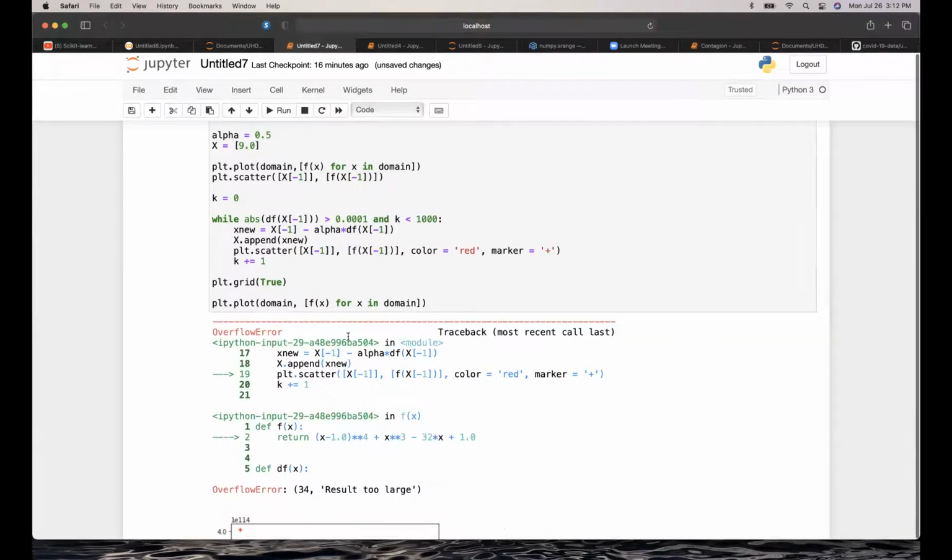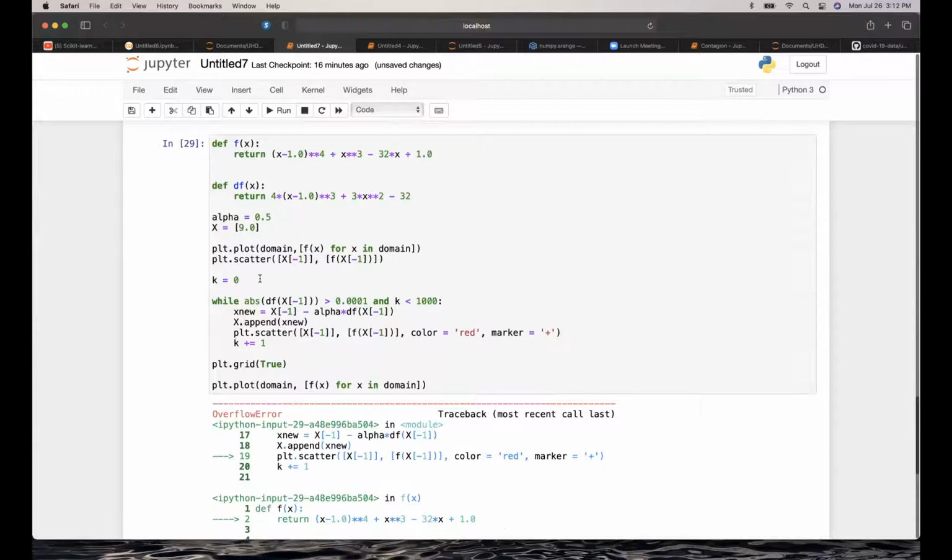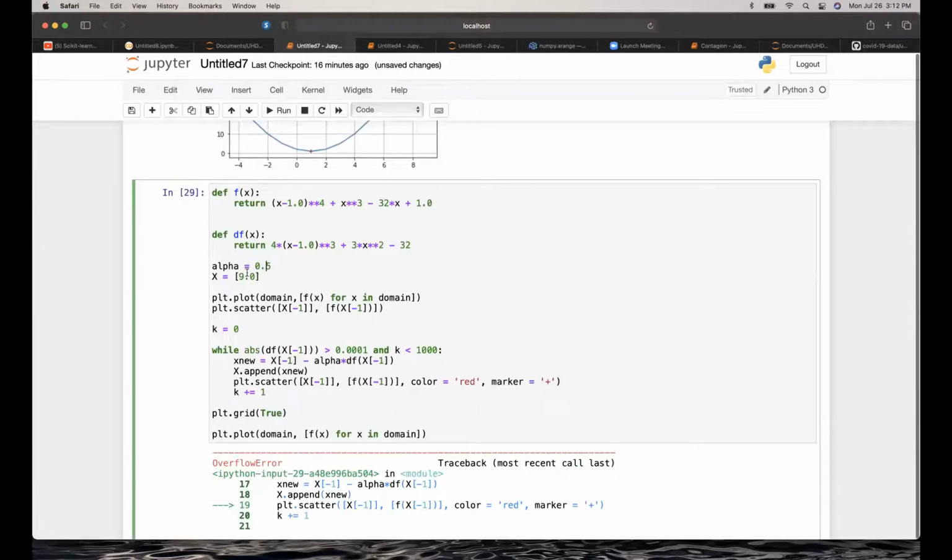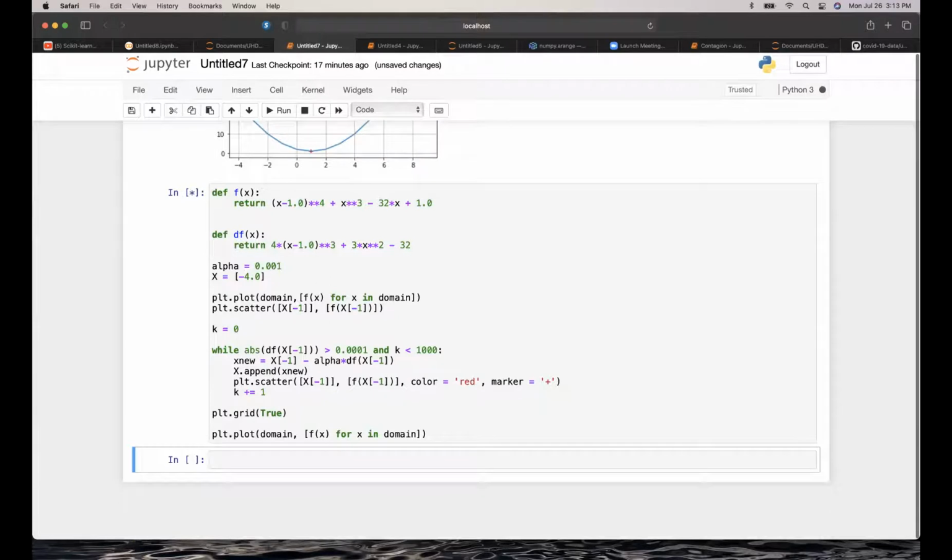Result too large. Maybe let's make a super, let's guess like 2.0 or something, or no, maybe -4, and make our step rate really small.